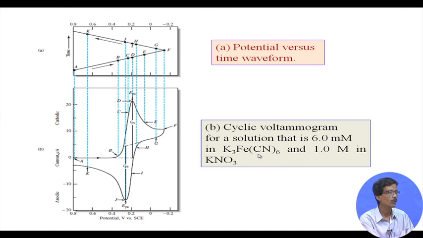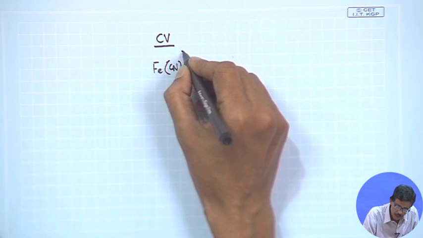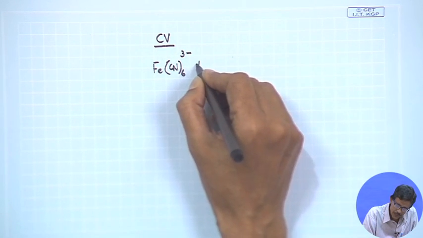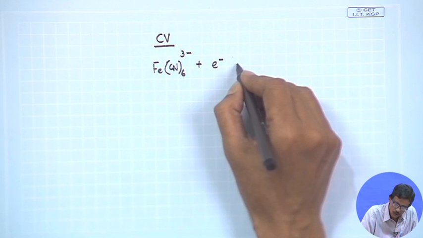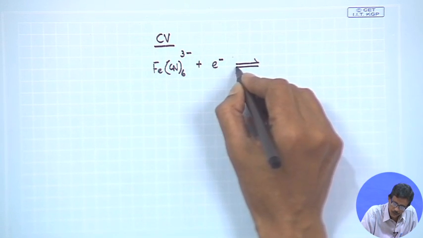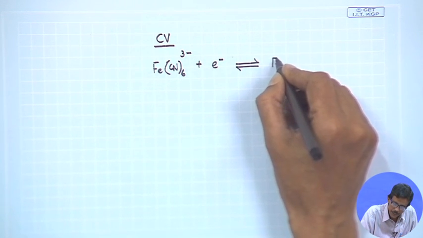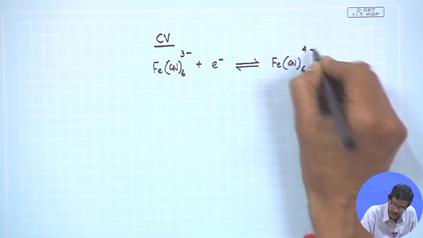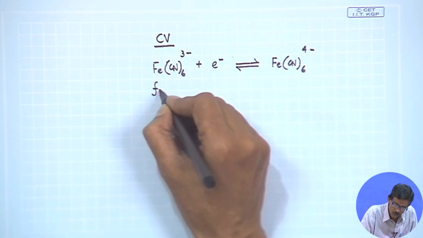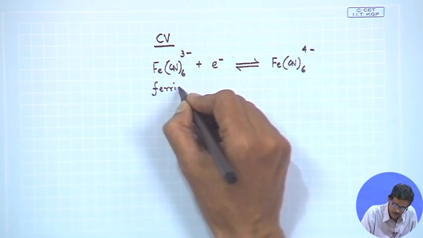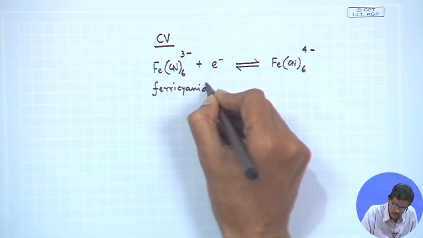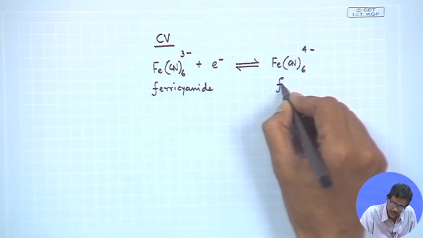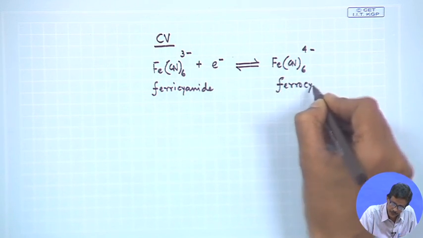If you have Fe(CN)6 3-, since it is ferric, it will accept one electron, and the corresponding electron transfer equilibrium gives Fe(CN)6 4-. This is ferricyanide and this is ferrocyanide.